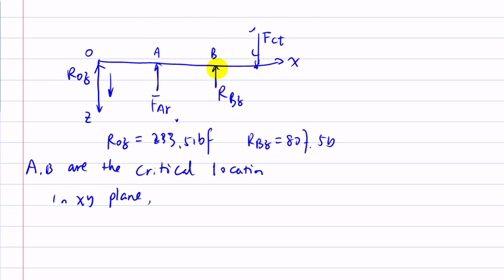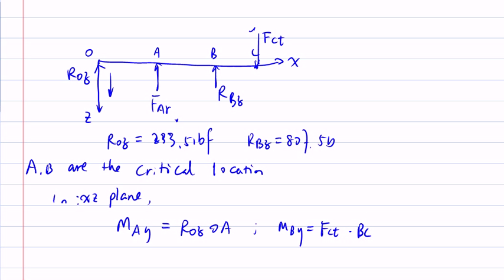And in the XZ plane, your moment is going to be in the Y direction, so MAY is just ROZ multiplied by OA, and MBY is just FCT multiplied by the BC distance.